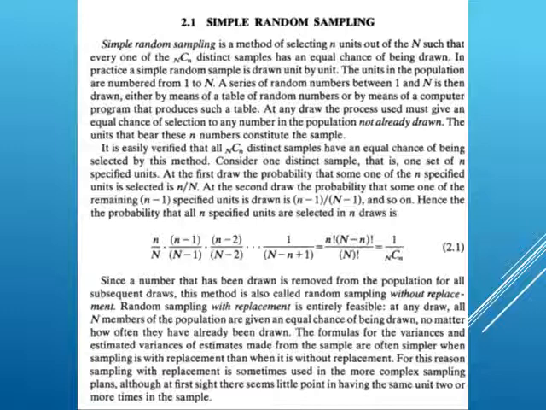For this reason, sampling with replacement is sometimes used in more complex sampling plans, although at first sight there seems little point in having the same unit two or more times in the sample.